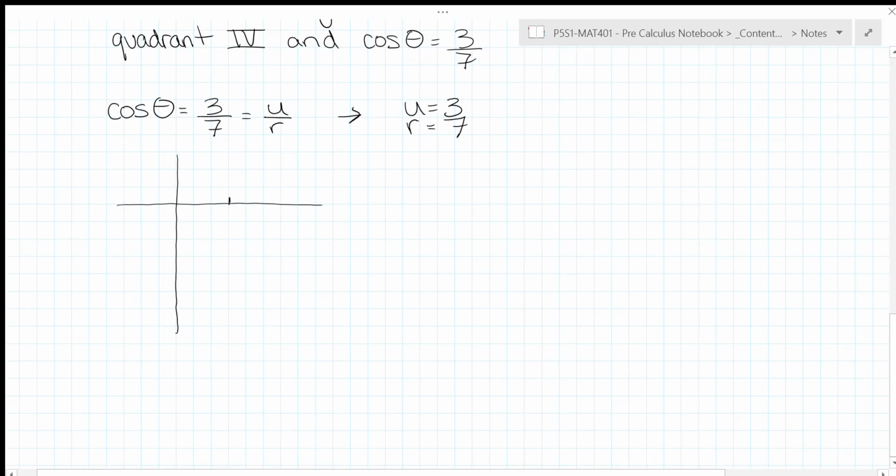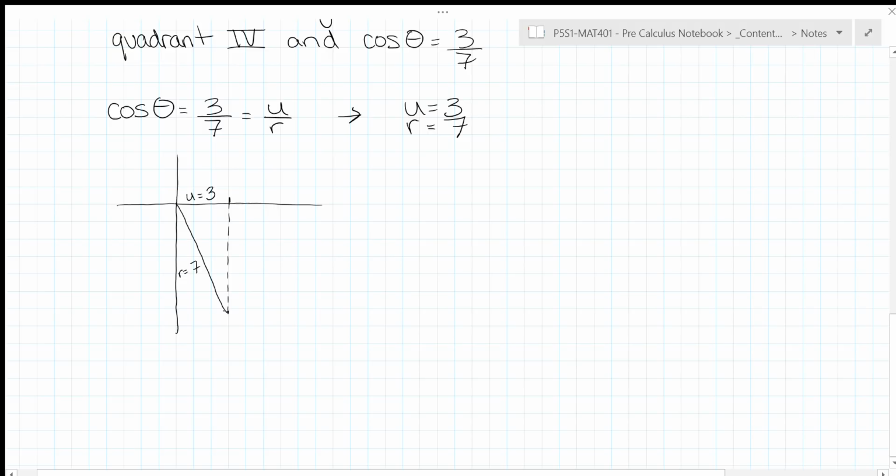You can't find 7 on the grid, but it's going to be somewhere down here a little ways away. So just estimate. It has to go more than 6 units. But I can just label that my radius is 7 when my u value is 3.